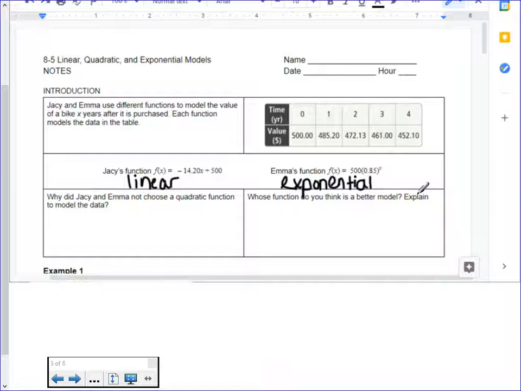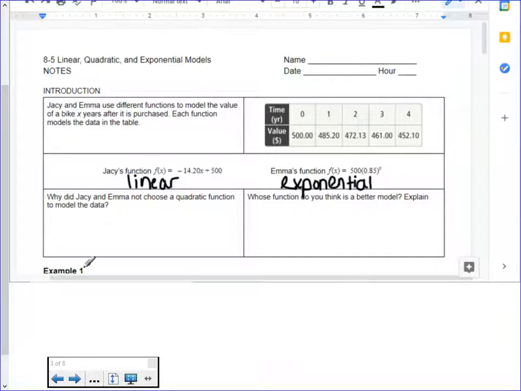The first question said, why did JC and Emma not choose a quadratic function to model the data? The reason why this is not quadratic is because this is always going to go down. There's no point where it's going to start going back up. The bike is depreciating in value, which means every year it's going to be worth less. That's never going to turn around after like year 10 and suddenly the bike is worth more money. That doesn't happen.